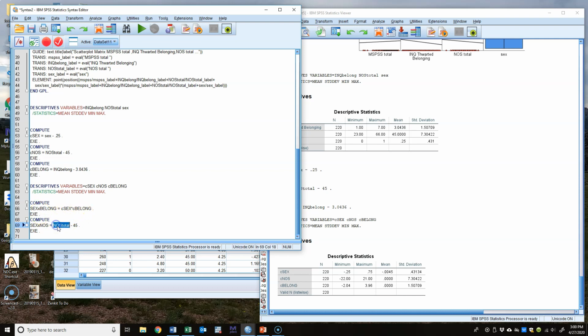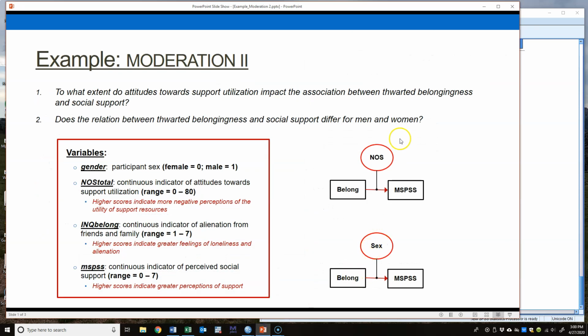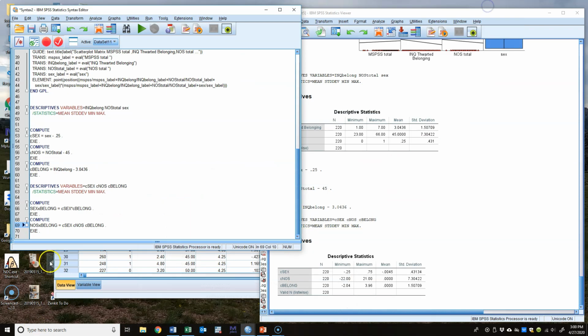And then here, create a variable sex times NOS. Oops, no, not sex by NOS. NOS by belong, right? Sex by belong, NOS by belong. Yep, perfect.